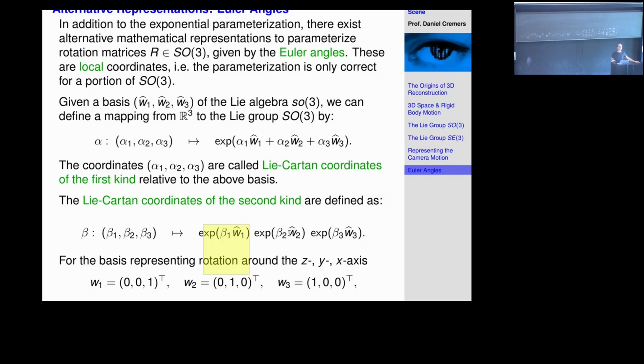For matrices, not necessarily. Because the matrices, they don't commute, and once you plug in this power series for the exponentiation and a and b are matrices, then you cannot convert that. So in general, for matrices, this will in general not be the same if a and b are matrices.